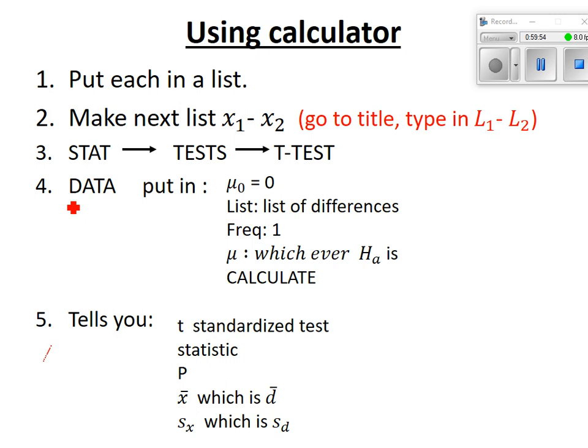Type that in there. Your frequency has to be 1. A lot of times the calculator will change the frequency to 0 or 3 or 7 or something else, so make sure it's 1. The HA this time was greater than, so we want the greater than. You hit Calculate, and we got T.